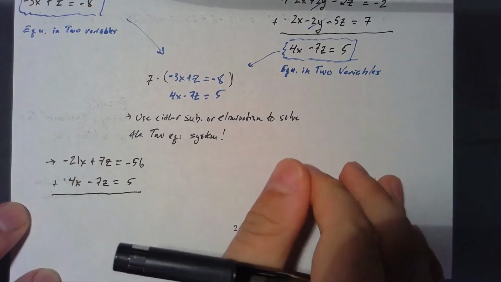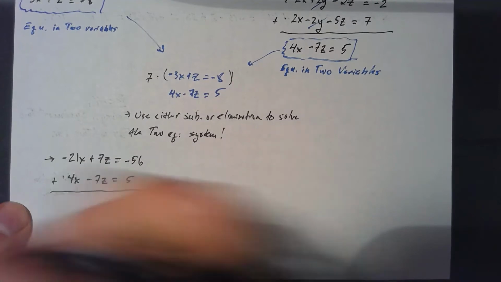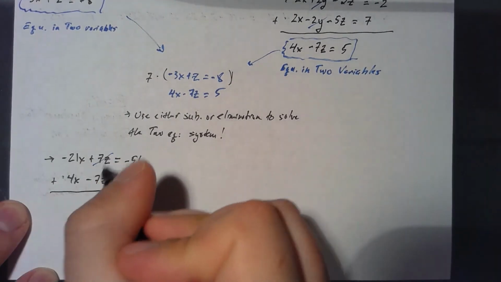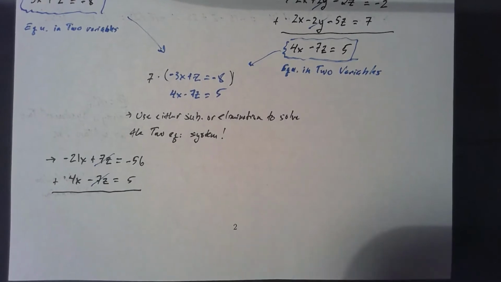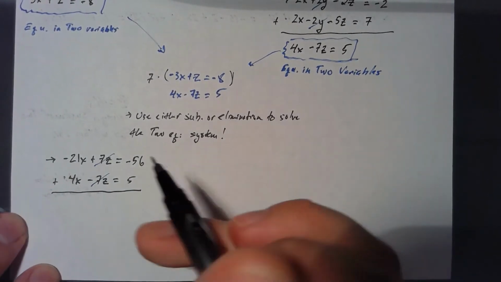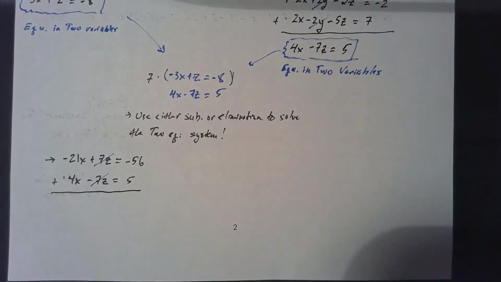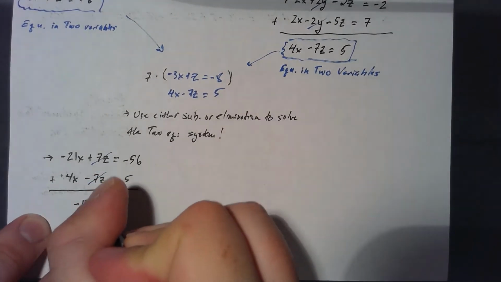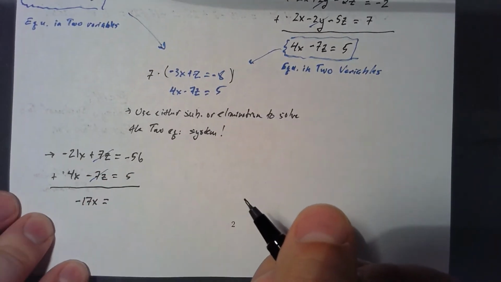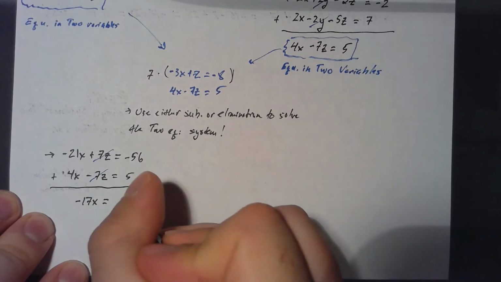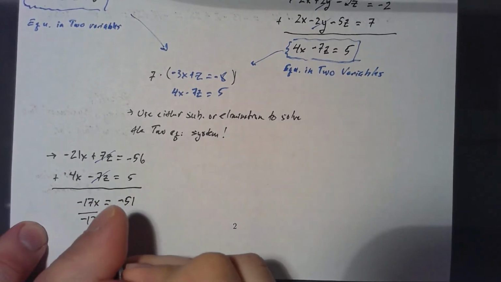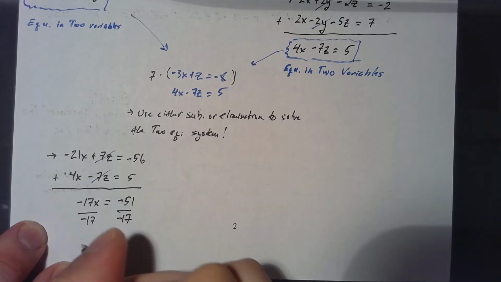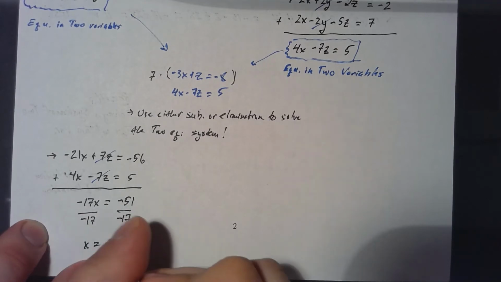And when I add them together, the z terms are going to cancel. Beautiful. And I'm going to have negative 21 plus 4 is negative 17x, that equals negative 56 plus 5 is negative 51. Divide by negative 17 and you get x equals 3.